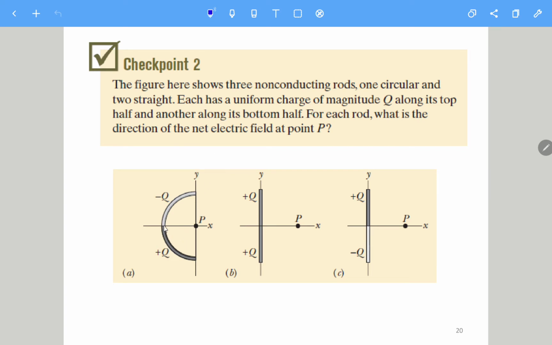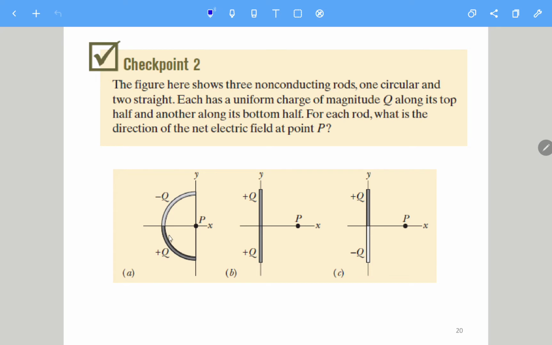Here it says there are 3 figures, and we have a negative q, which is indicated by light color, and positive charge indicated by dark color, and it asks what is the direction of the net electric field at point P. We don't really need to do any calculation, we just need to determine the direction of the E field at point P. So let's go through it quickly.